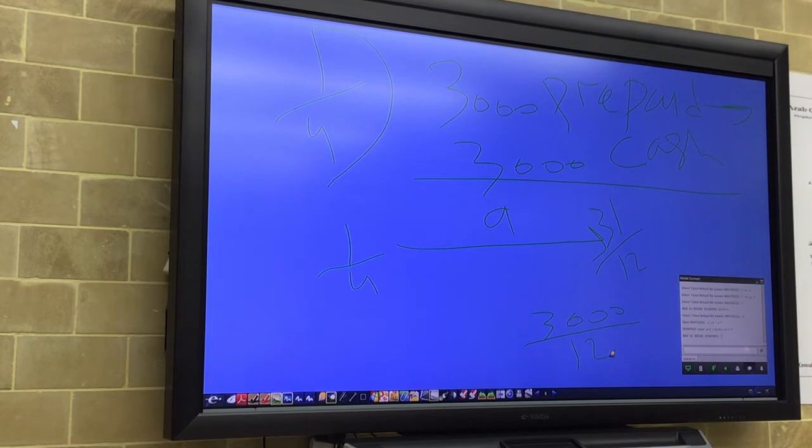So 3,000 divided by 12 means monthly 250. So 250 multiplied by 9, how much? 2,250.